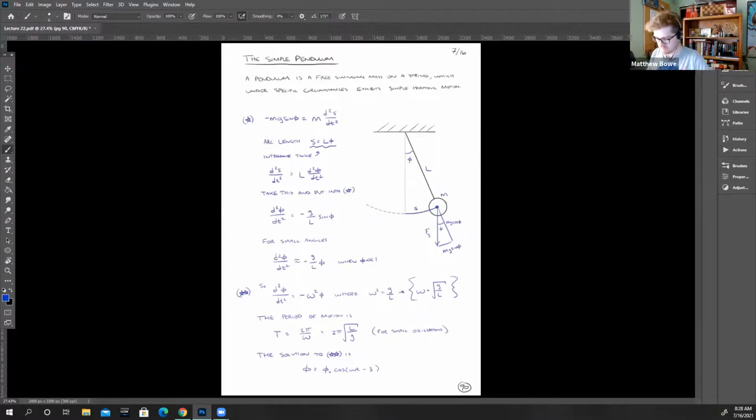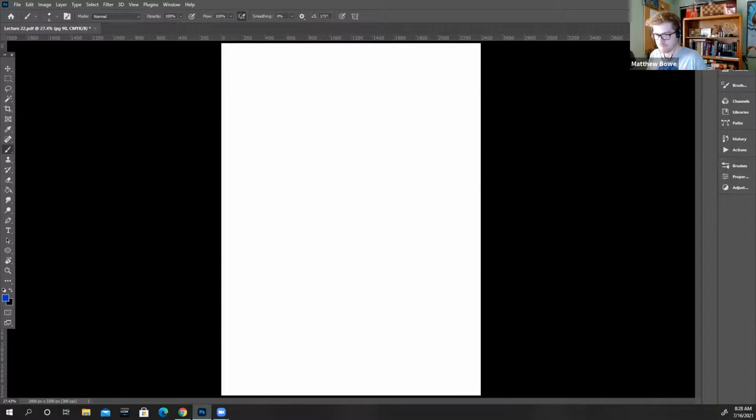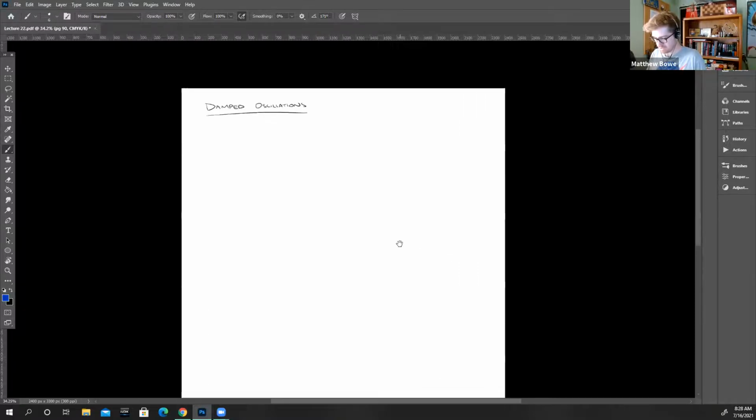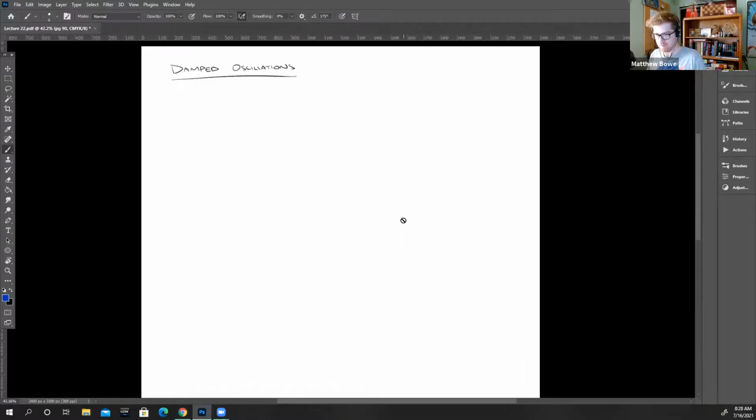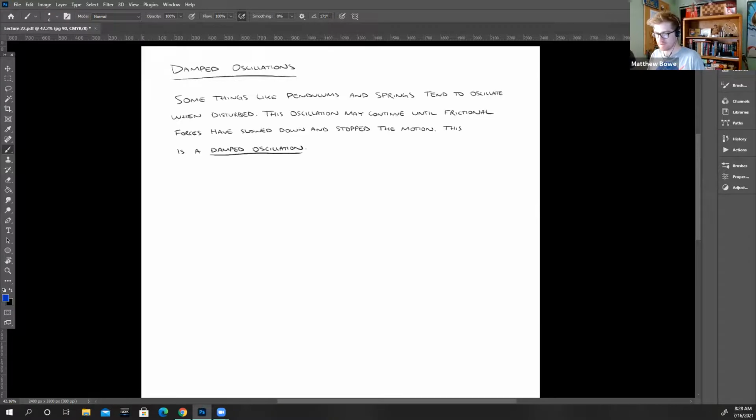That's not always the case. We have to look at damped oscillations. These are oscillations that experience some type of force that slows them down, eventually makes them stop.